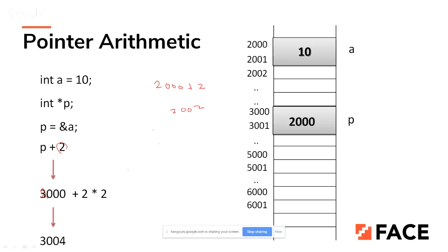Let me write here p plus 2, which means that p is pointing to the address 2000 plus 2 into 2. What is the meaning of into 2 in the sense? 2 into size of integer. Size of integer is 2 bytes, which means that it will be pointing to 2004. Here it is wrong. It is not 3004. It is 2004.